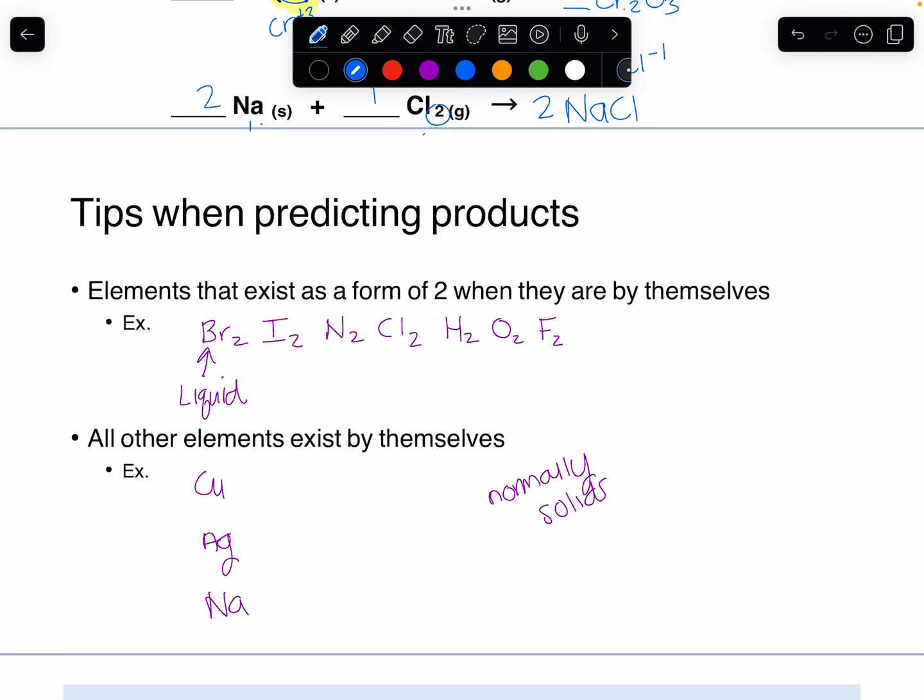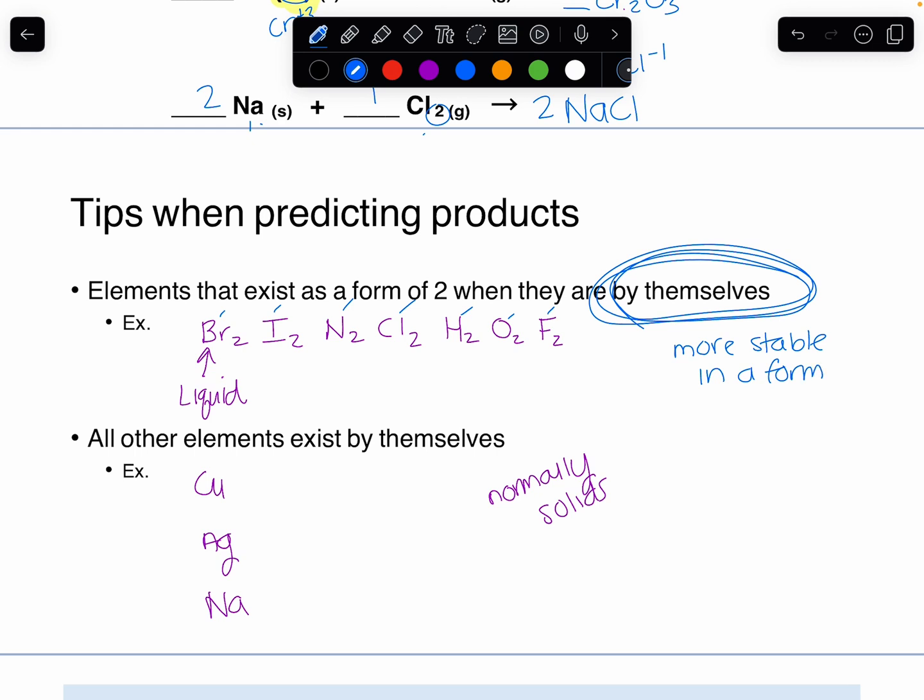All right, so some tips when you predict products. When you have an element by itself, this is the big thing here, and it is bromine, iodine, nitrogen, chlorine, hydrogen, oxygen, or fluorine, they are more stable in a form of 2. We call this diatomic.